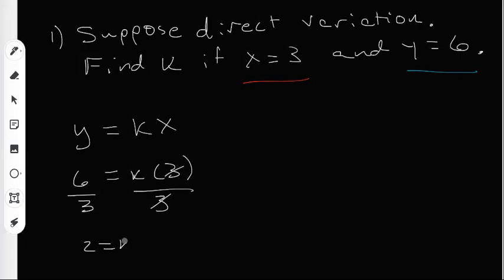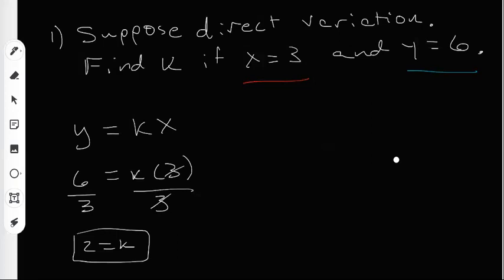So k is going to be 2. Here they're giving us 2 variables, and they're asking us what the constant of variation is. That can be easily found. You just have to make sure you plug in the right numbers.